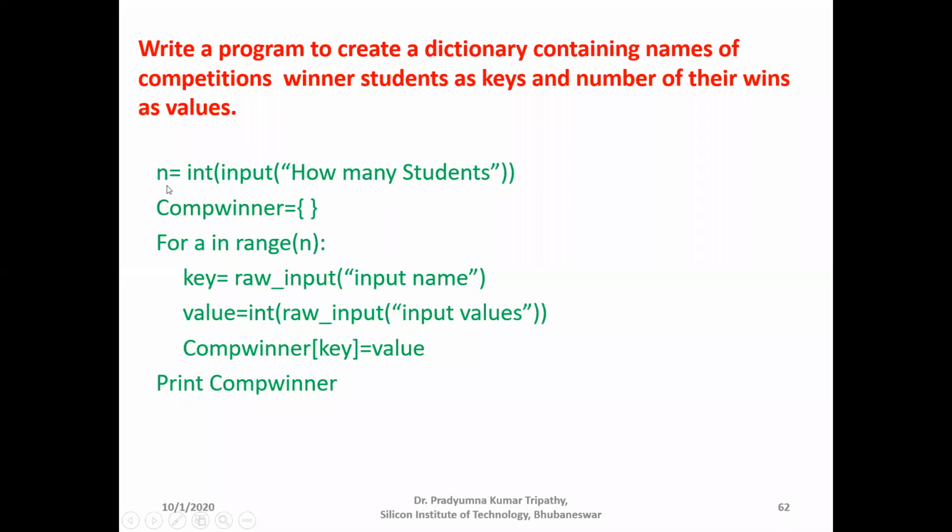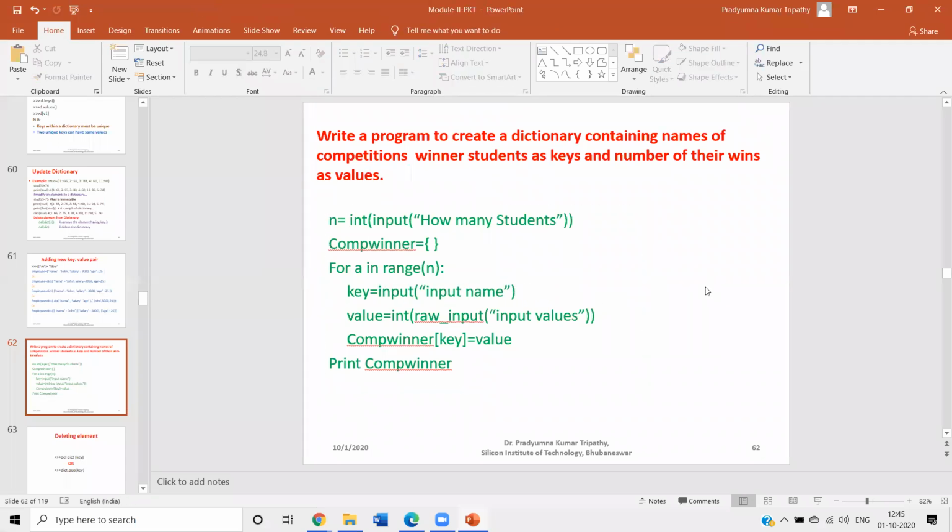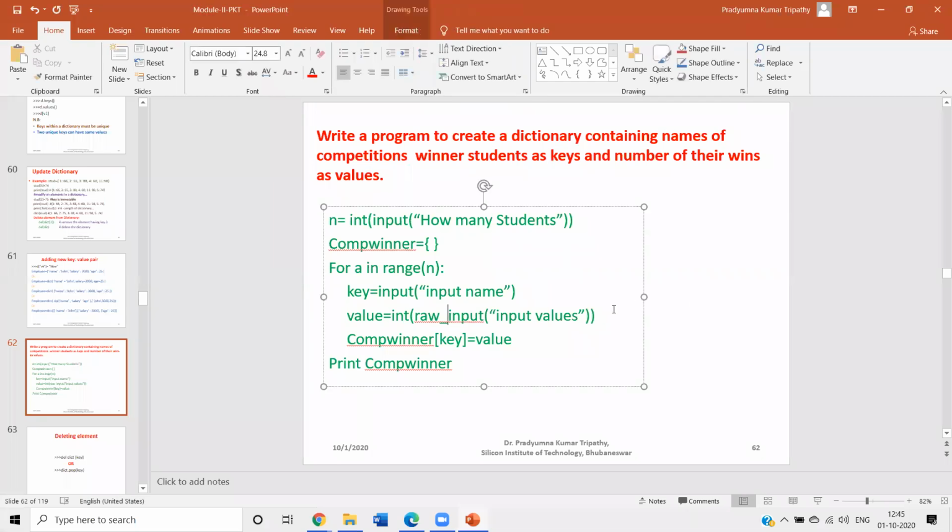So for the n students I have inputted, for a in range of n, I'll input the name, and I'll also input the value.